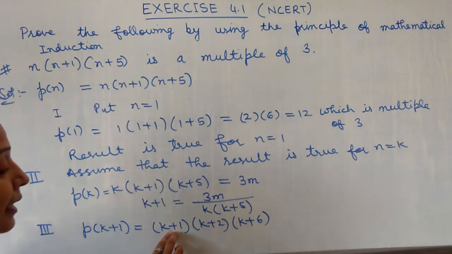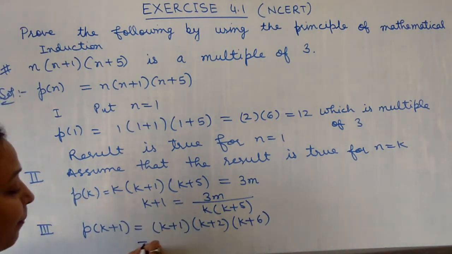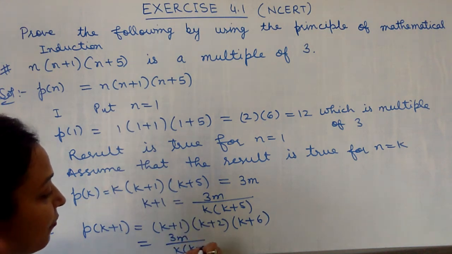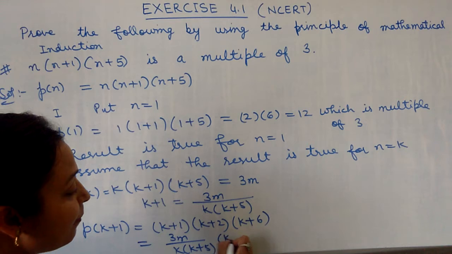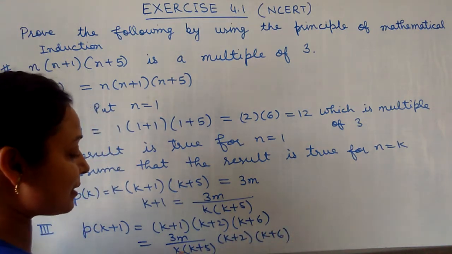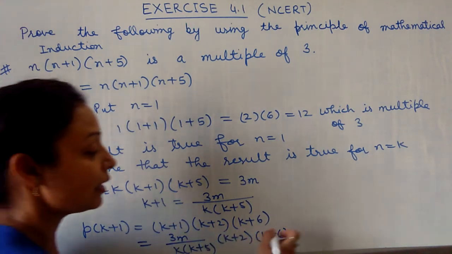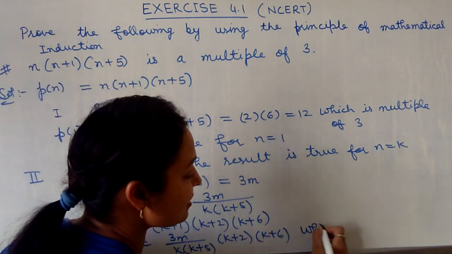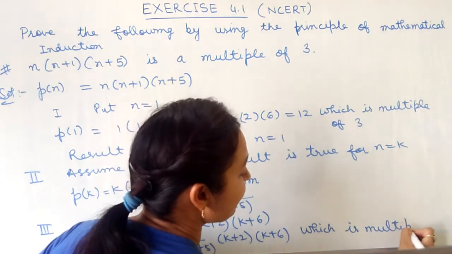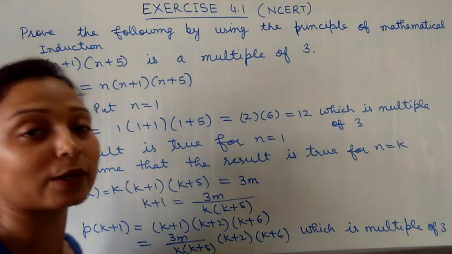Now it is the time to put the value by using step 2. So k(k plus 1) has the value 3m upon (k plus 5). This will equal (k plus 2) and this will equal (k plus 6), same as it is. Now the terms come with a multiple of 3. You can write it as a multiple of 3. This is the proof for the k plus 1 term.